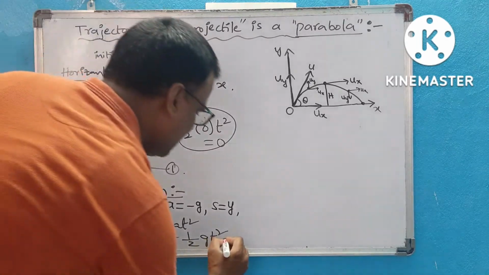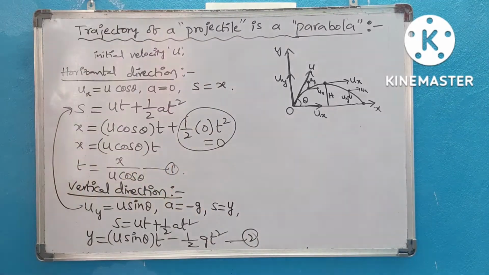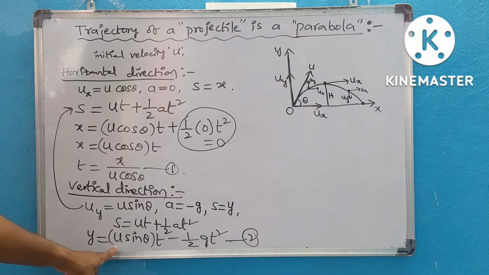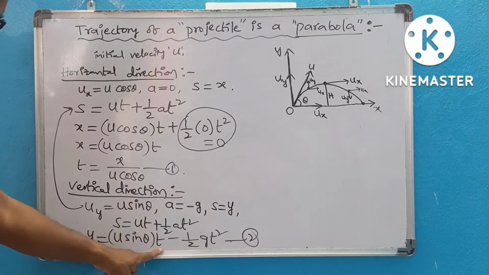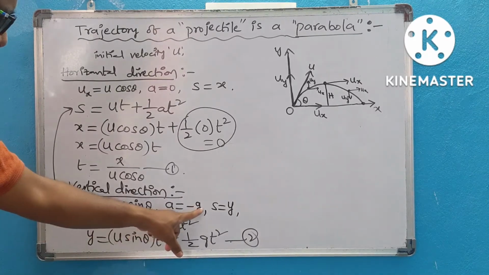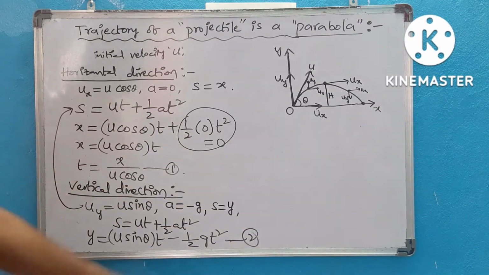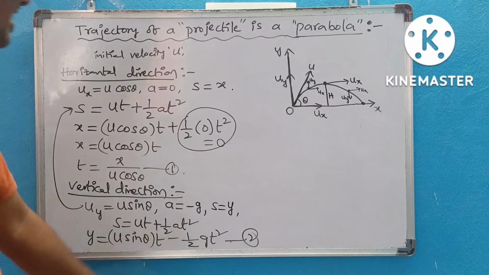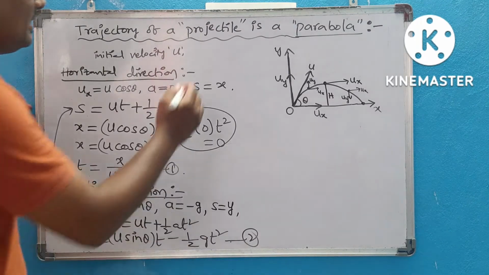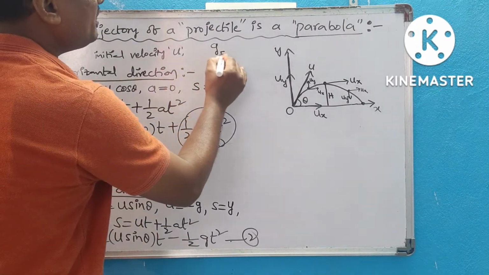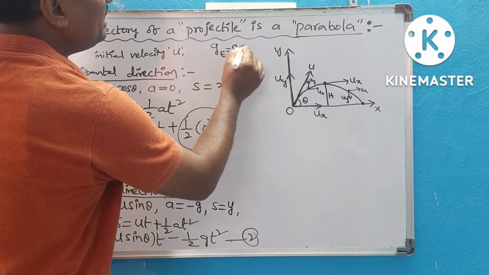This is equation number 2. In place of u we write u sin theta, and a means minus g, so minus half g t square. Here g is called acceleration due to gravity, and the acceleration due to gravity of the earth, what is its value?